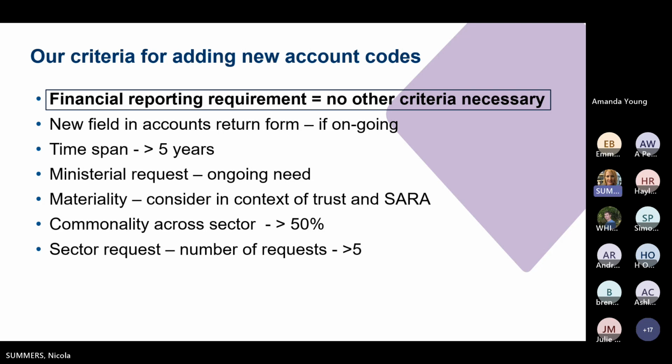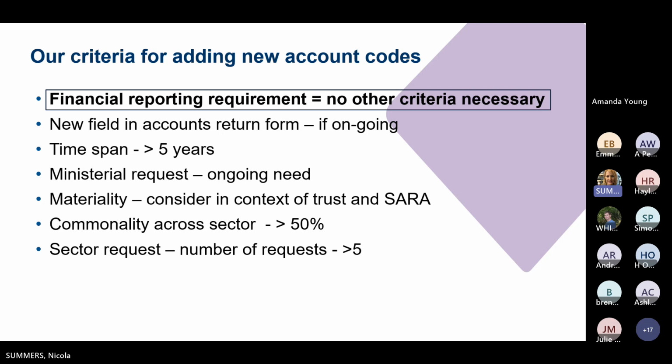Obviously that's going to apply to the majority of primary schools, so it's definitely one to add. And also if we get a large number of sector requests, one we had a lot of is where to allocate attendance officer or education welfare officer costs. So we've added that one this year.